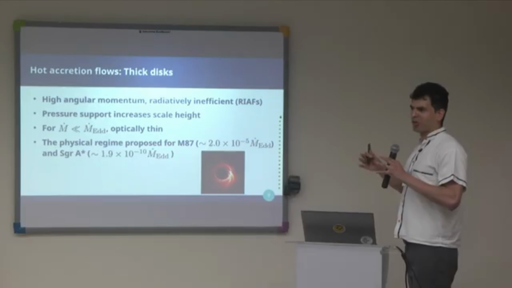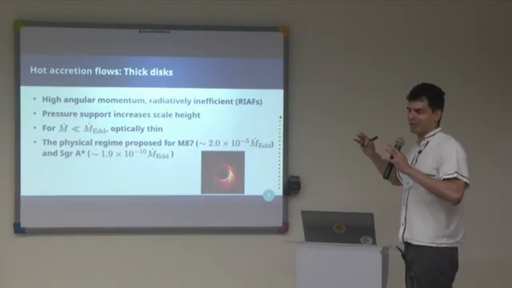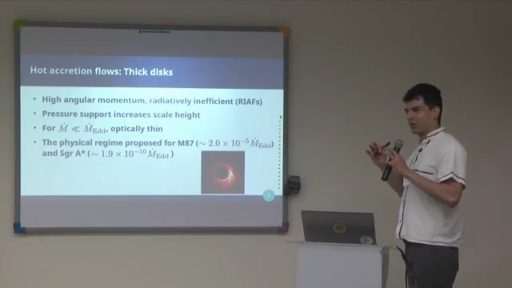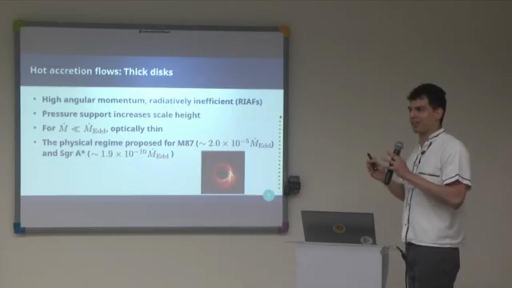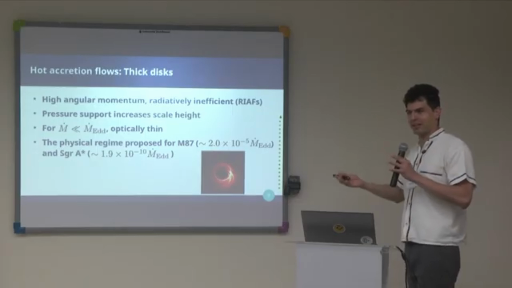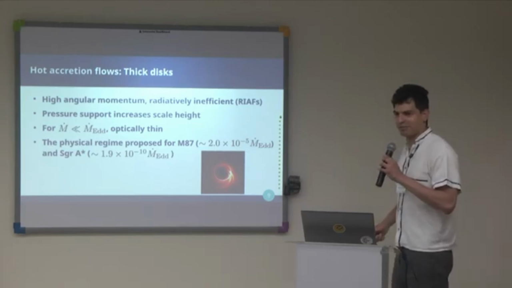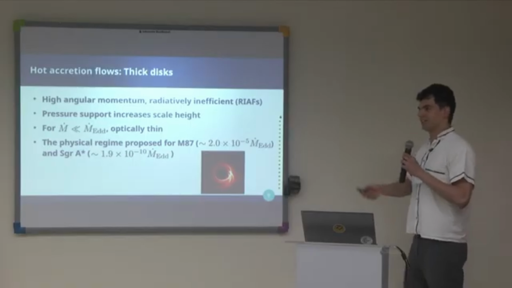People have also constructed models of how plasma gets into the black hole in elliptical galaxies, but it is more difficult to determine accurately because, for example, for M87, it is hard to observe individual stars. In contrast to Sagittarius A star, where we can observe that there is this cluster of Wolf-Rayet stars.